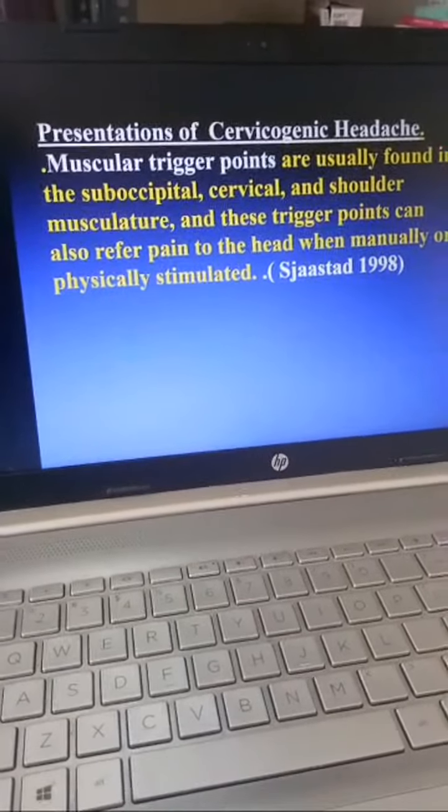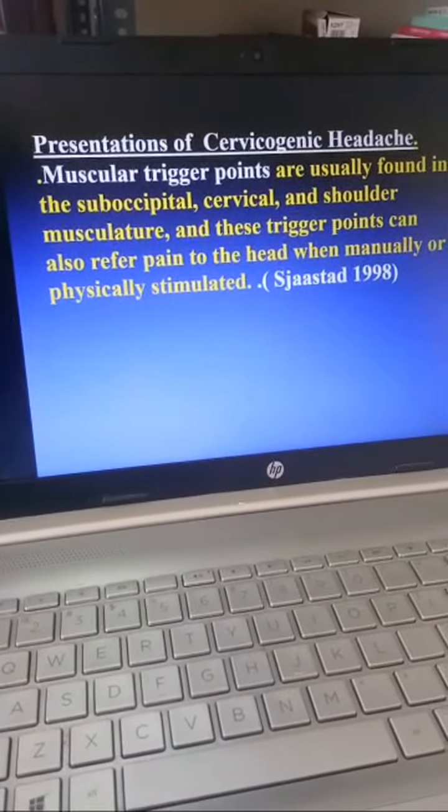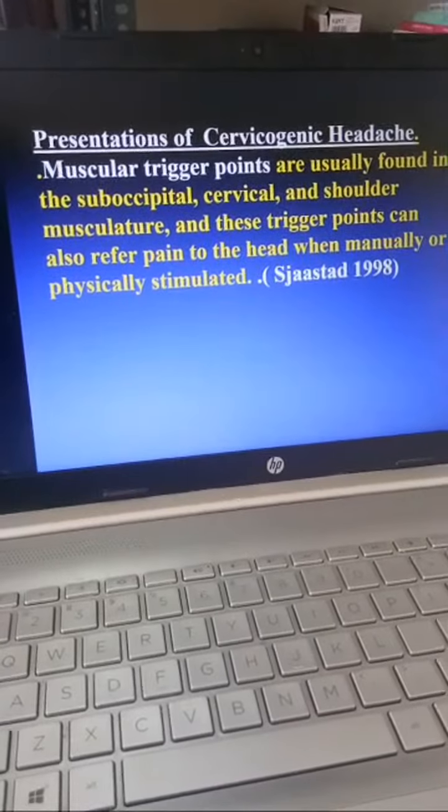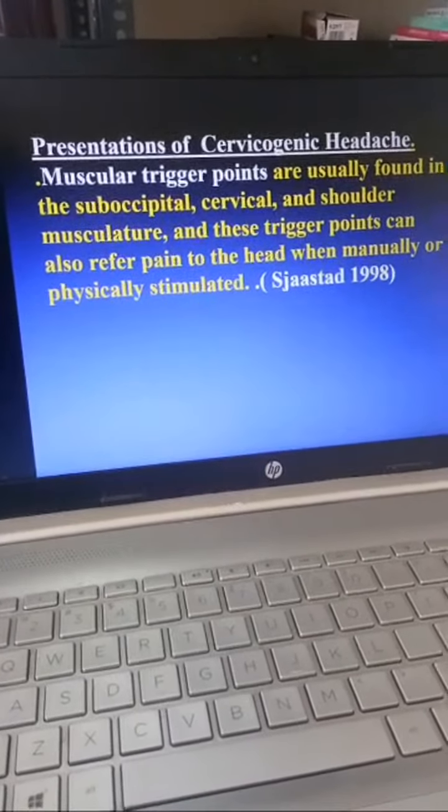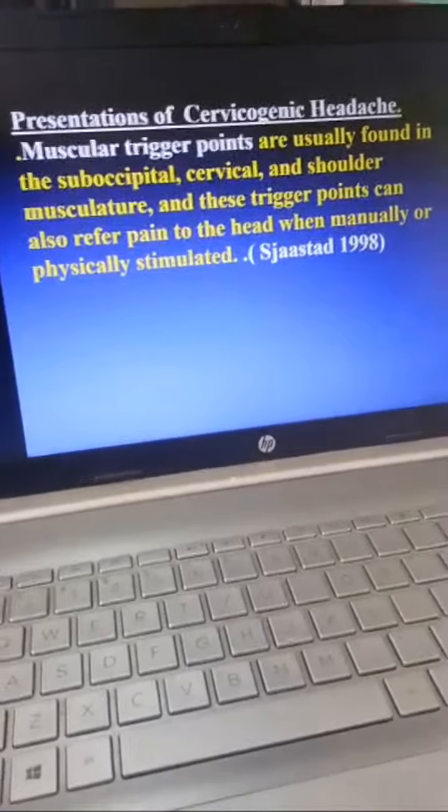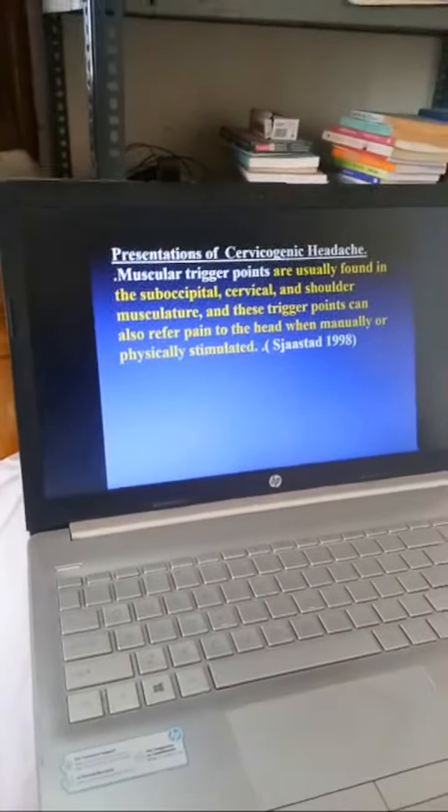These are the presentations of cervicogenic headache, and this is due to the trigger points. I will show you some practicals of how exactly we identify the trigger points.